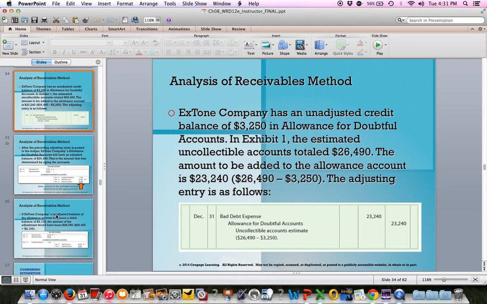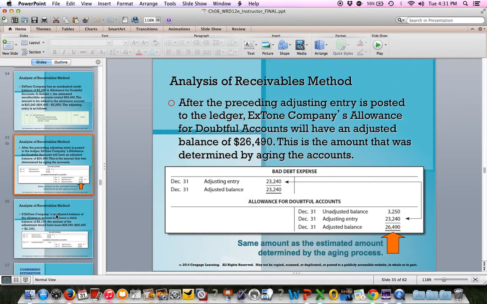My new entry is debit bad debt expense, credit the allowance for 23,240, and now my new balance, which we'll see in the next slide, will be 26,490. You can see it right there. So that's one really big significant difference between percent of sales and analysis of receivables, and you've got to know that one because it's going to trip you up on the homework if you don't. That's really important to remember.